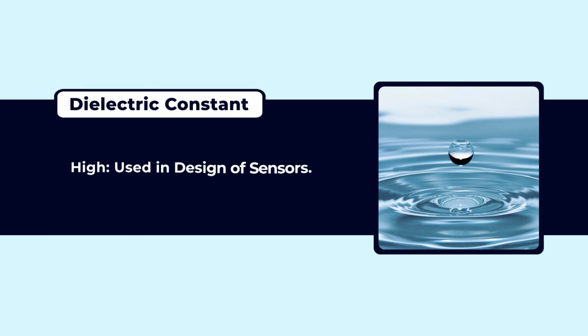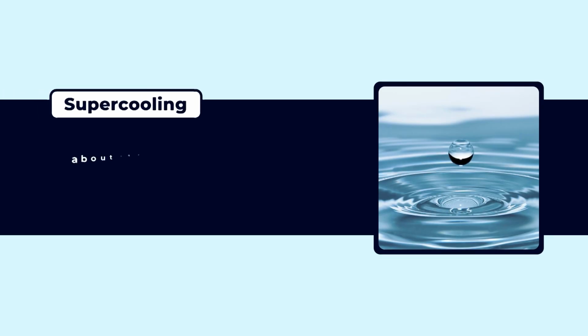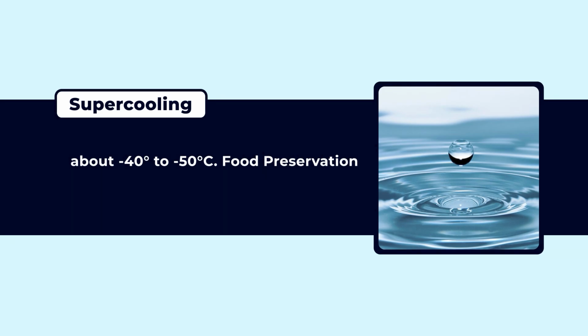The dielectric constant is also very high, and it is used in the design of sensors. Similarly, water has a high heat of vaporization, and it also has a supercooling effect, so that we can cool the water up to -40 to -50 degrees centigrade, and this ability is used in food preservation.